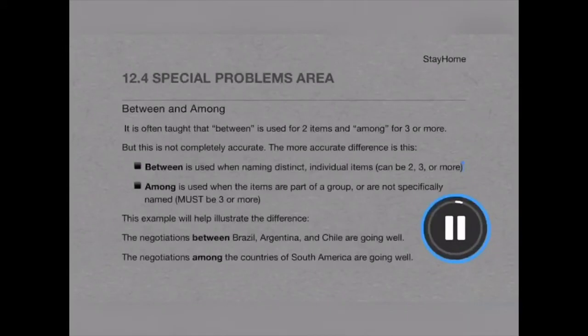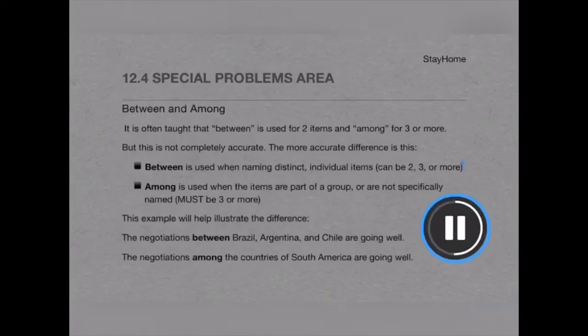12.4 Between and among. It is often told that between is used for 2 items and among for 3 or more, but this is not completely accurate. The more accurate difference is this. Between is used when naming distinct, individual items, which can be 2, 3 or more.